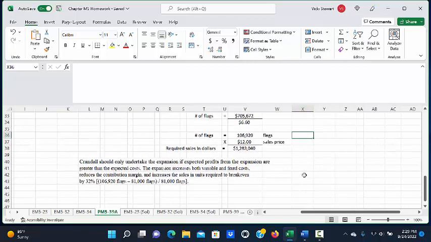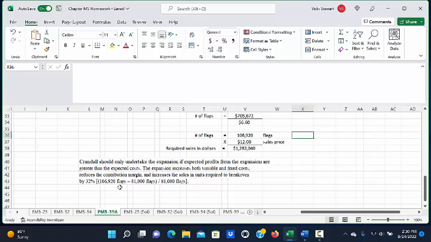And then, should Crandall undertake the expansion? Well, Crandall really should only undertake the expansion if the expected profits from the expansion are greater than the expected cost. This expansion increased both variable and fixed costs, which reduced the contribution margin and increased the sales in units required to break even by 32%.